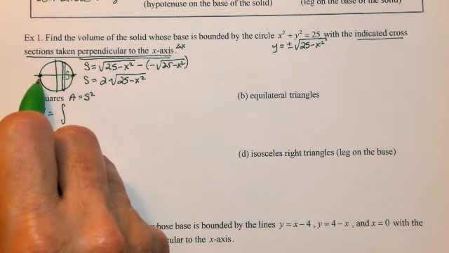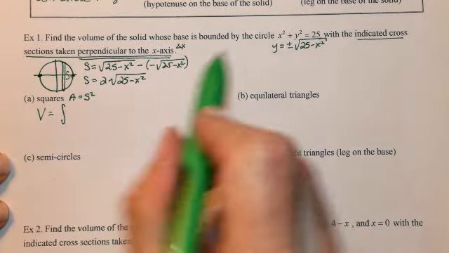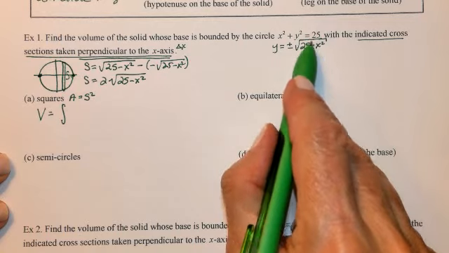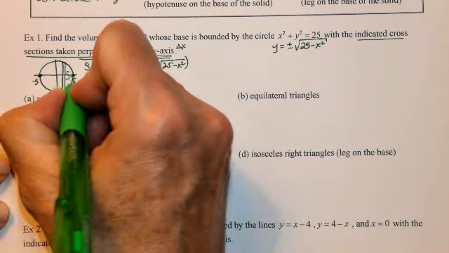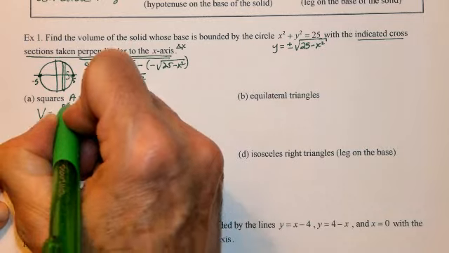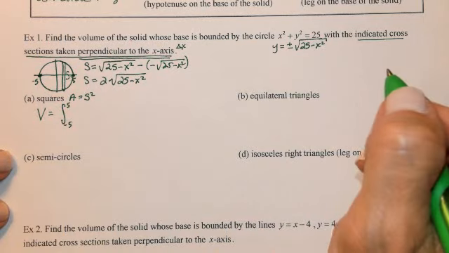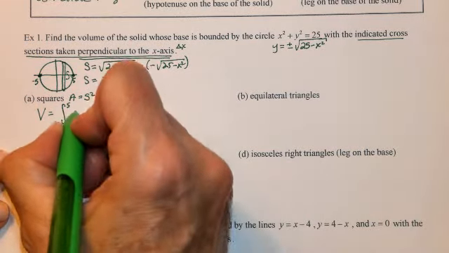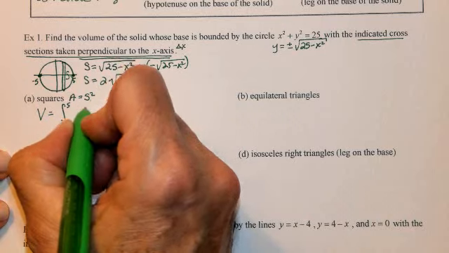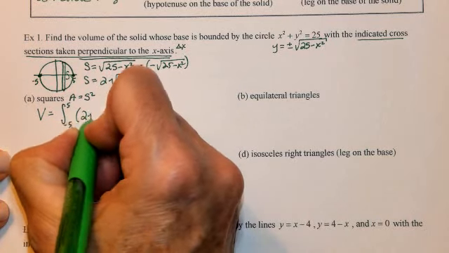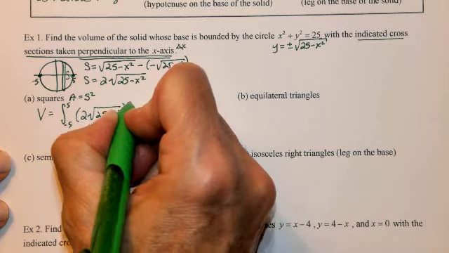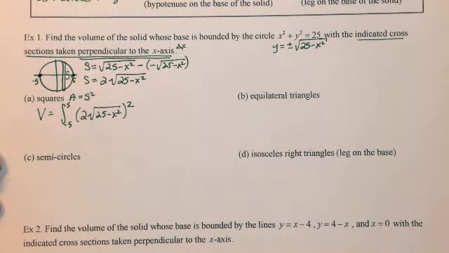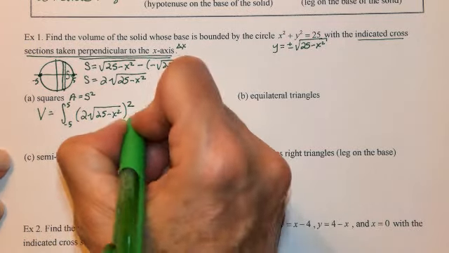Well, this was a circle of radius 5, so this has to be going from -5 to 5. And so we just have the area, the side squared, so this will be 2 times the square root of 25 minus x squared, all squared, dx.